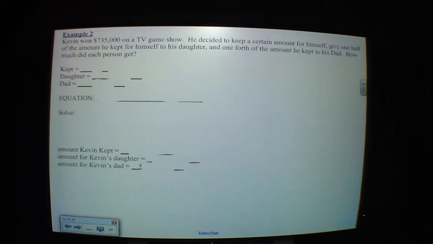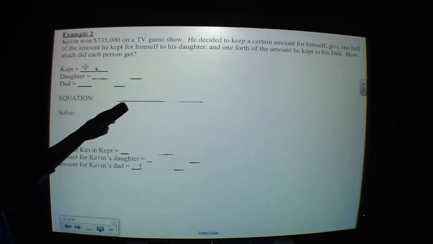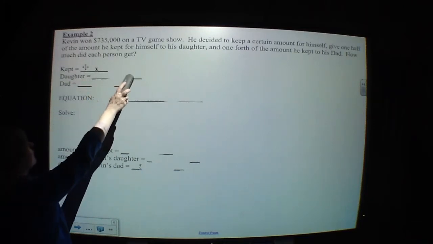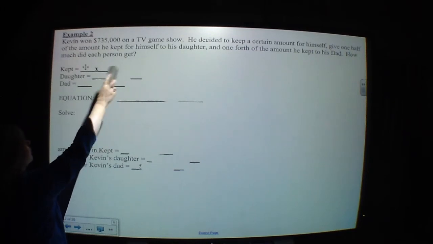Kevin won $735,000 on a TV game show. He decided to keep a certain amount for himself, give 1/2 of the amount he kept for himself to his daughter, and 1/4 of the amount he kept to his dad. How much did each person get? I'm going to say that he kept X. So when you read it, he gave 1/2 of the amount he kept for himself to his daughter.